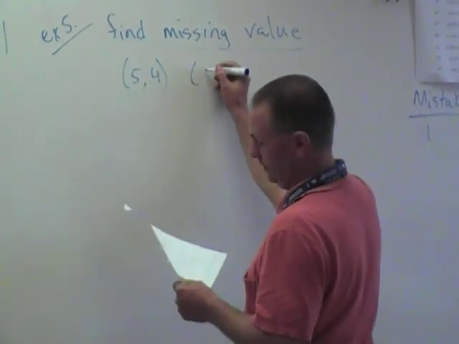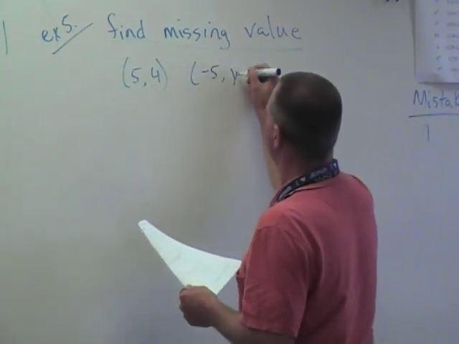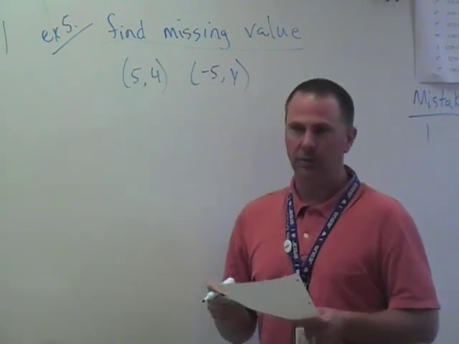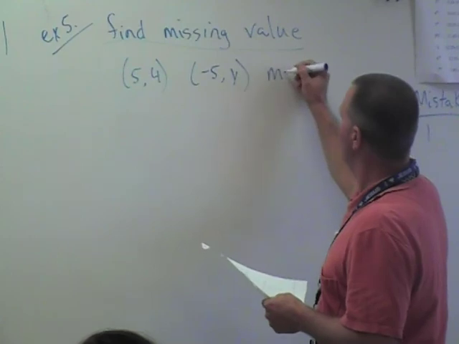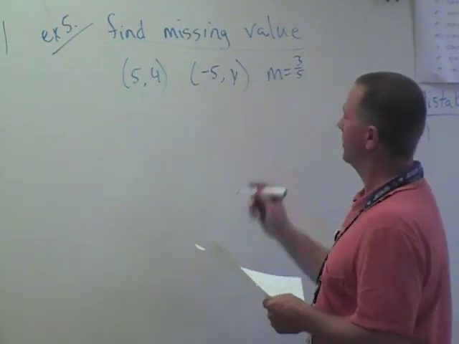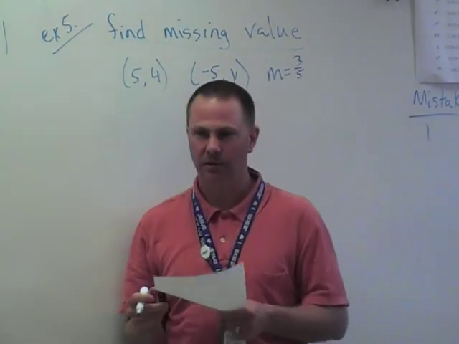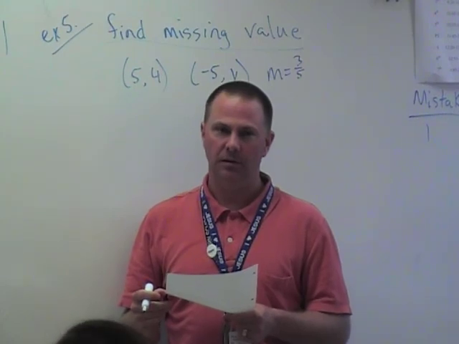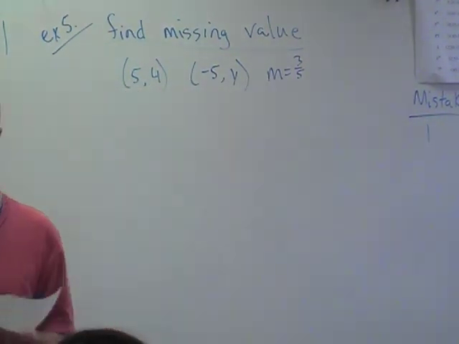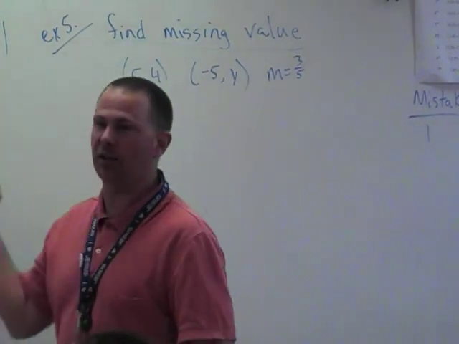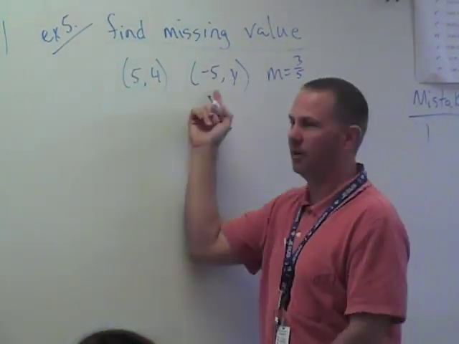Here's the next point, negative 5, y. I want to know what y is when my slope is 3/5. Oh my gosh. Fun. How do you find slope? Great. Rise over run. You don't have a graph. And how are you going to plot that on a graph?